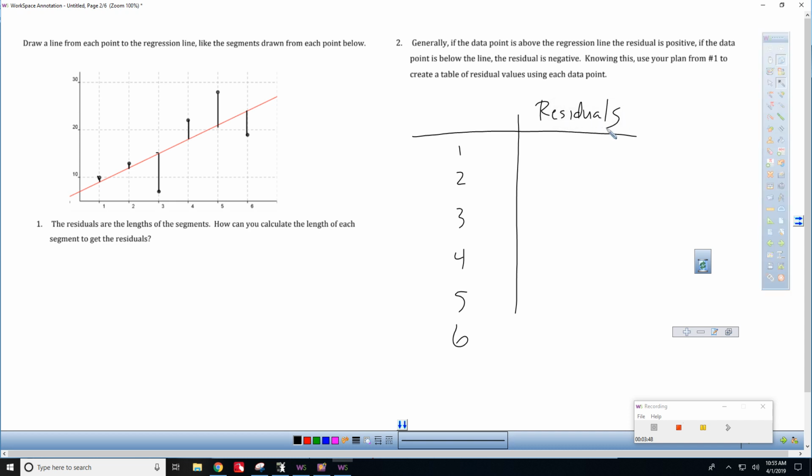All right, 1, it looks like we're going to call that positive 2 away. 2, positive 2 away. 3, negative 8. 4, it looks like 4 to me. Are you okay with that? 5, it looks like 6 to me. 6, to me, that looks like a negative 5, a little bit bigger than this 4.